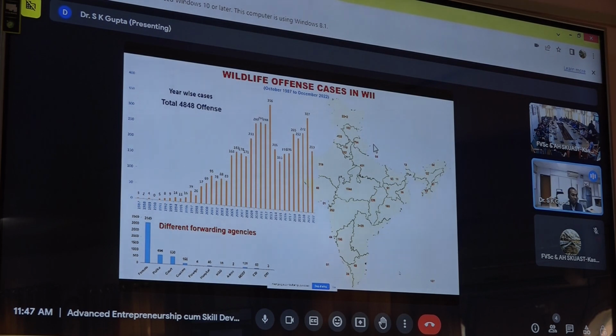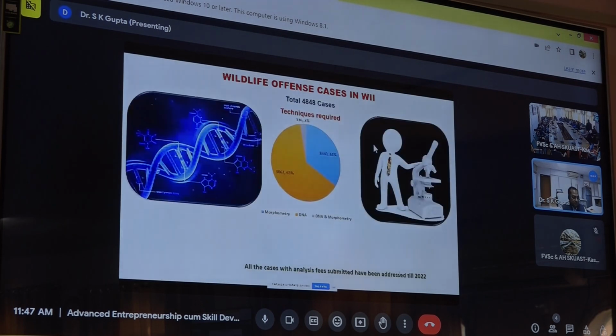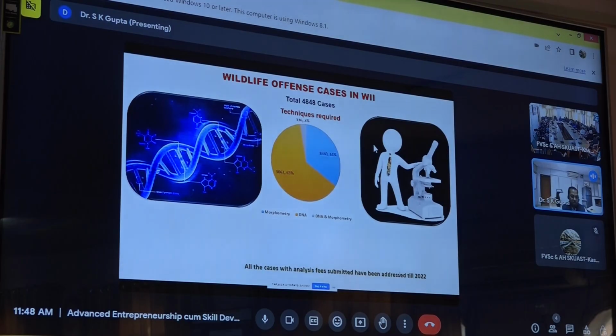So in our institute, for these articles, we identified that there is no single technology perfect to identify these species. So we divide them based on their morphological appearance and based on feasibility of DNA. So about 34% of cases can be dealt with without using any sophisticated molecular tool.